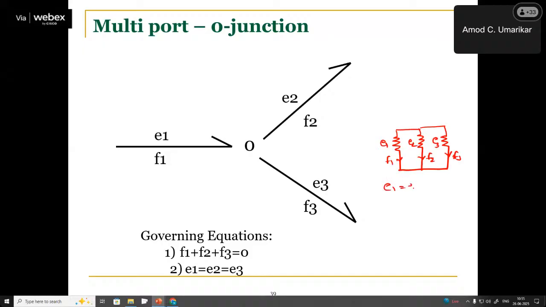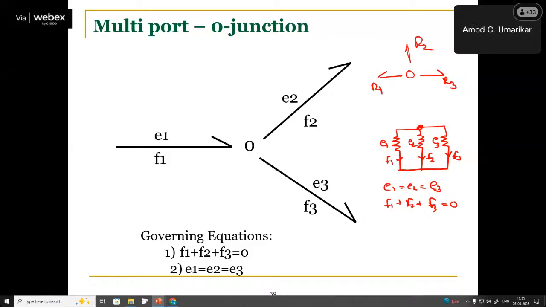So obviously E1 is equal to E2 is equal to E3, and F1 plus F2 plus F3 is 0. Correct. So this is nothing but modeled as a zero junction. How will you model it? 1, 2, 3, that is R1, R2 and R3. Clear? Okay, so like this you can model this.